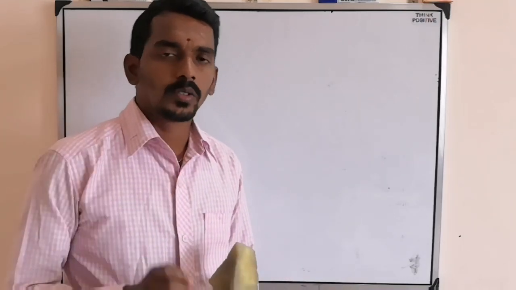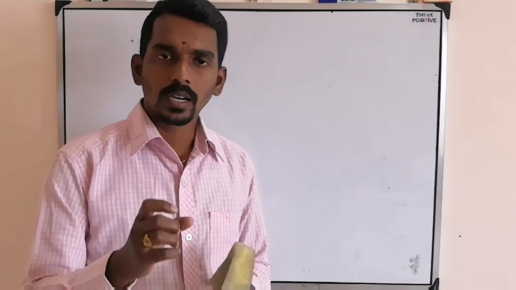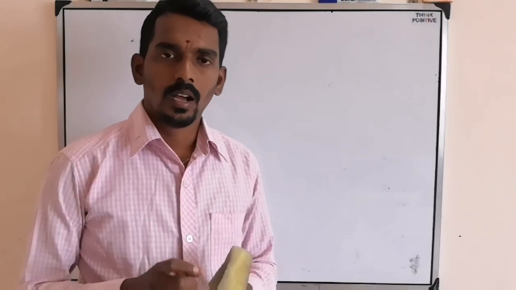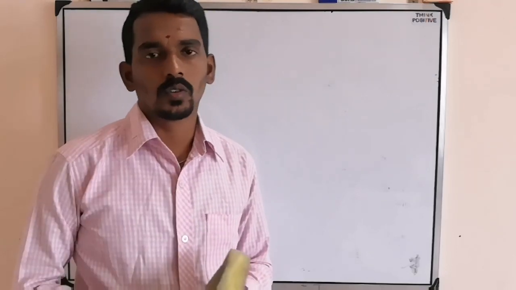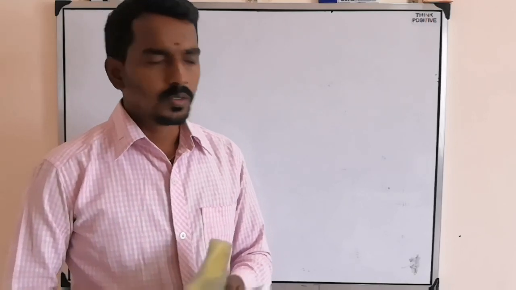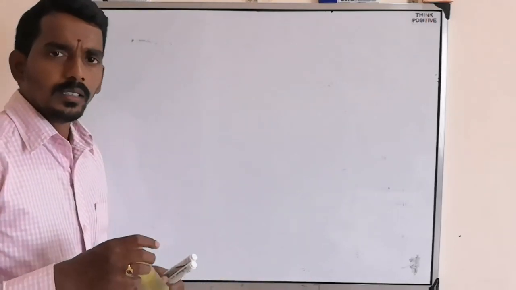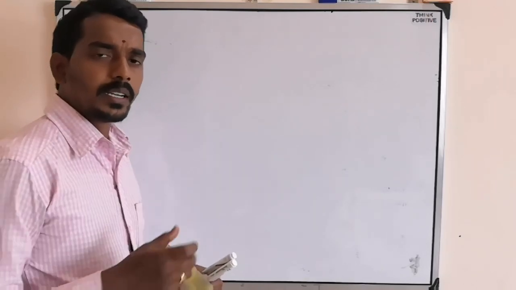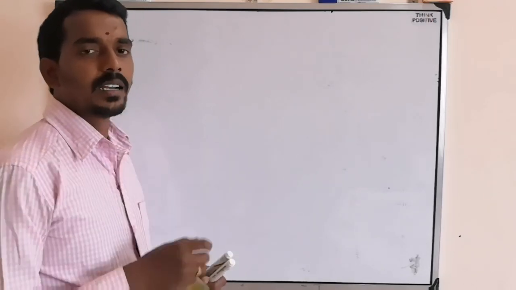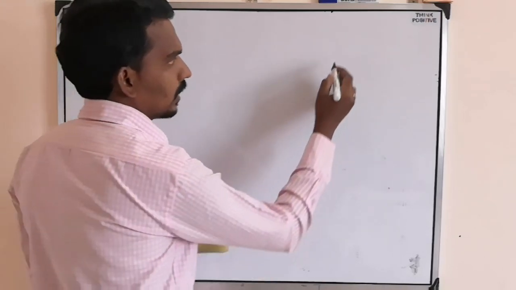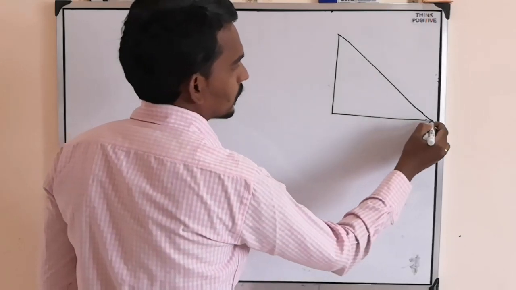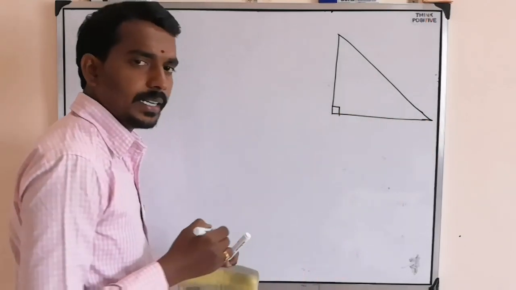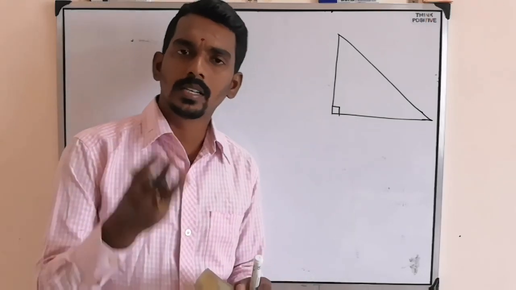So it's all about what the trigonometric ratios are, what their definition is, what exactly they define, and what relations we have between the trigonometric ratios. The basic thing, trigonometric ratios, comes from the right angle triangle. What is a right angle triangle? If you consider a triangle such that one of the angles is 90 degrees, triangle means three angles.